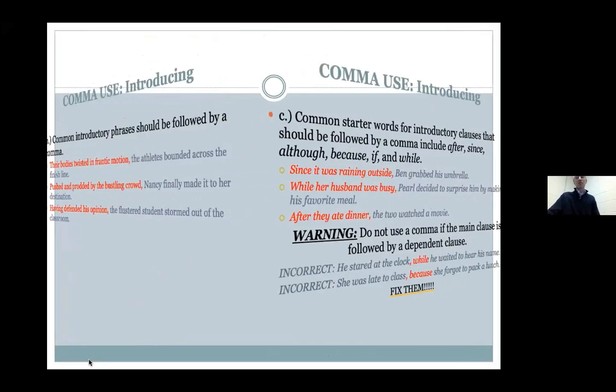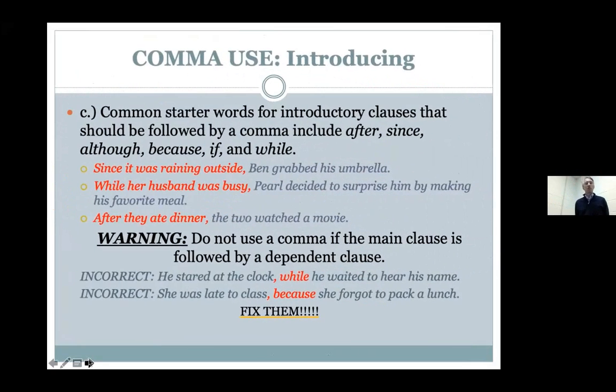Now, lastly, we can have an introductory clause, and this is a clause that begins with what we call a dependent clause is another word for it. This is one that begins with what we call subordinating conjunctions, which I'm not going to worry too much about, but it's these words like since or while or because or when.